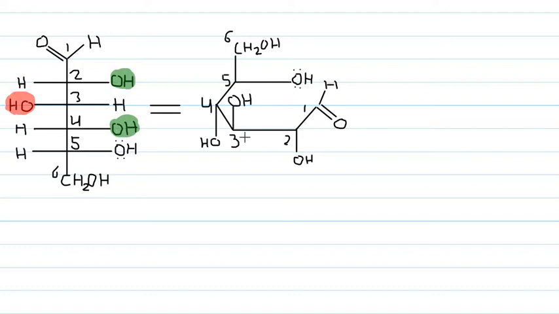So the OH groups present on carbon number 4 and 2 are on the right hand side. The OH groups present on the right hand side in the Fischer projection are present below in the Haworth projection. So I am making these green.